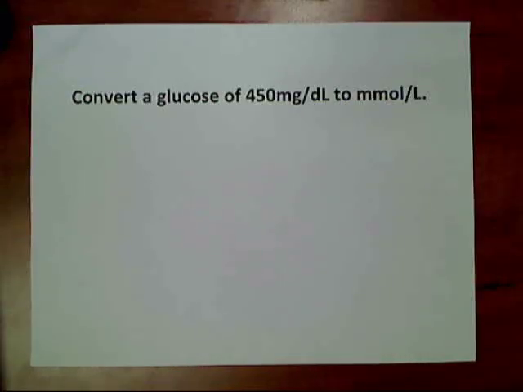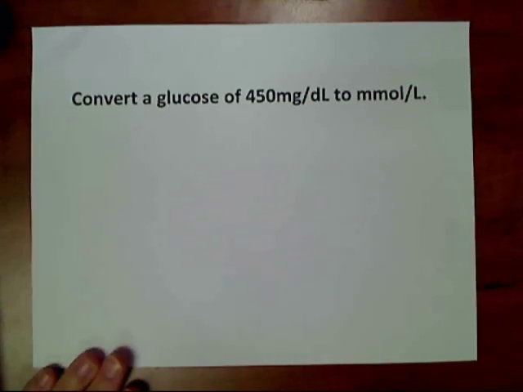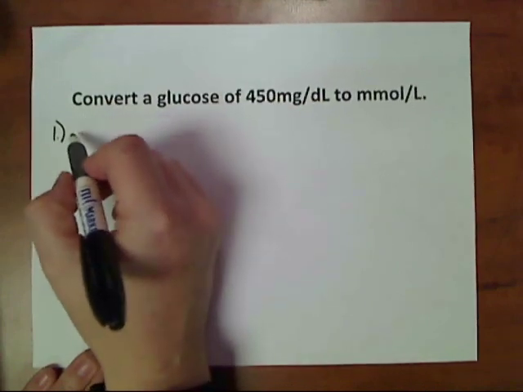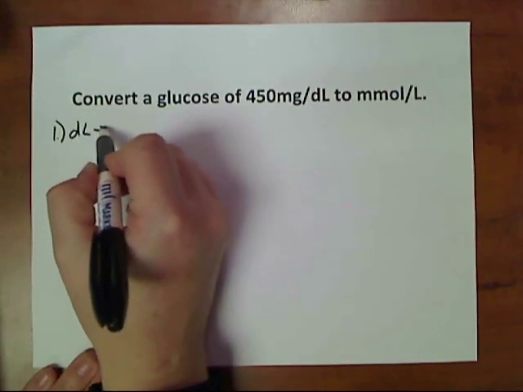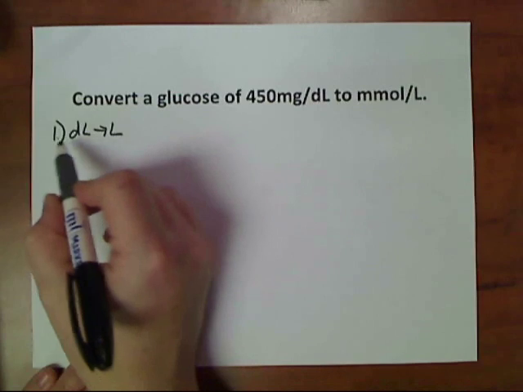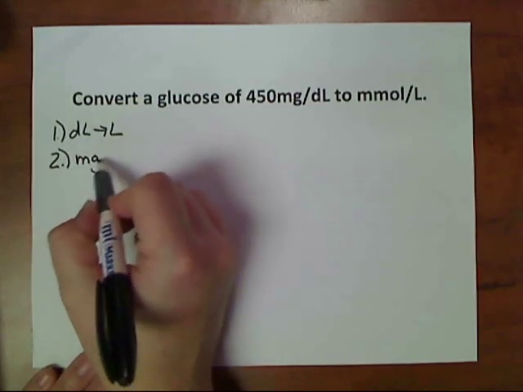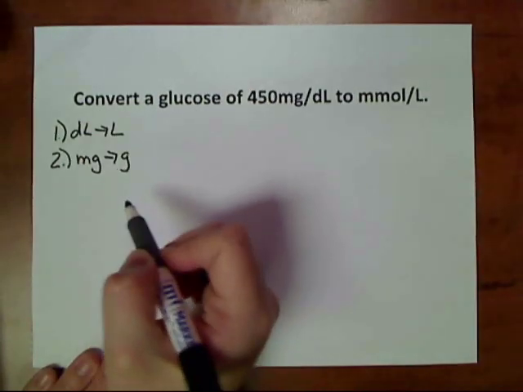We are going to convert a glucose of 450 milligrams per deciliter to millimoles per liter. We are going to do this in 4 steps. I'm going to list the steps first. First step is converting from deciliters to liters. The second step will be converting milligrams to grams.